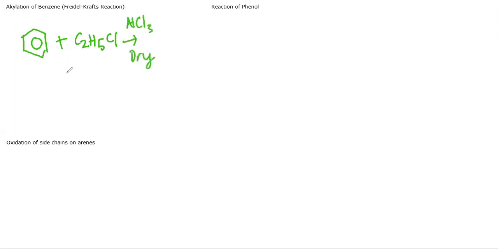All right, so how do we get the product for this reaction? If you remember from the previous tutorial, benzene always avoids the addition reaction. Benzene favors the substitution reaction.